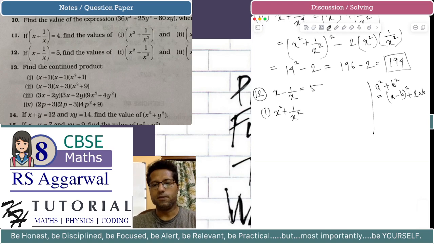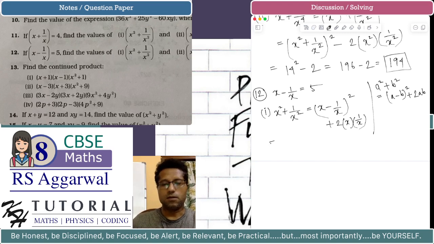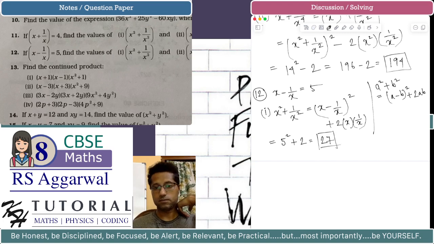So x square plus 1 by x square we can write as a minus b whole square plus twice ab. Now x minus 1 by x is given to be 5, so 5 square, and plus 2 into x into 1 by x is 2. So this is equal to 25 plus 2, which is 27.